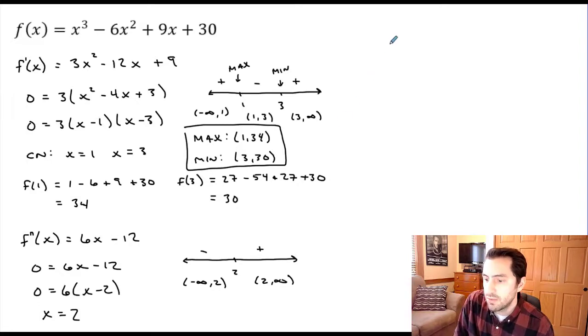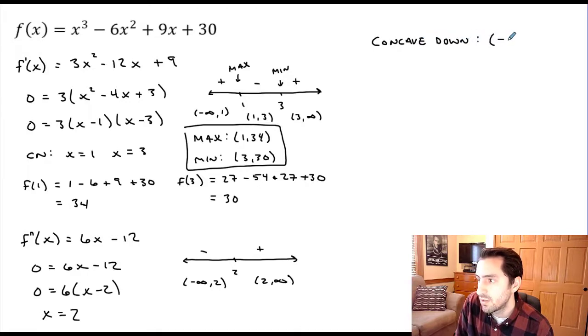So what that means is my function is concave down on that first interval from negative infinity to 2, and my function is concave up on that second interval from 2 to infinity.